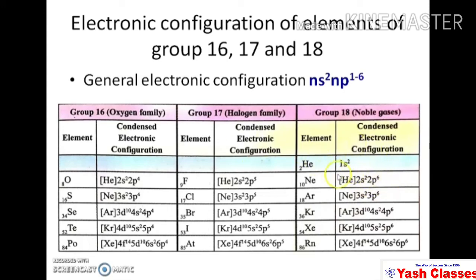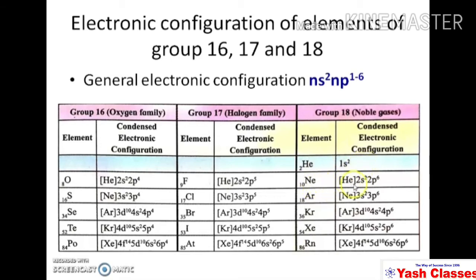There is an exceptional configuration for helium. In helium, the last electron enters the s orbital even though it is placed in the p block. Its configuration is 1s2. Most of the properties of helium are similar to neon, argon, krypton, xenon and radon, and therefore it is placed in group number 18.